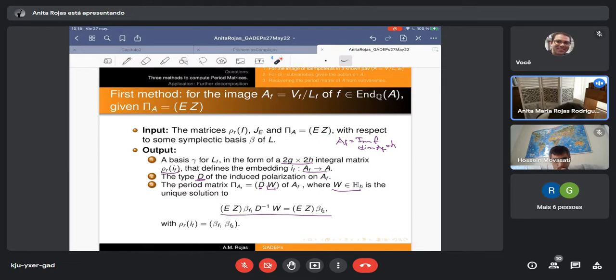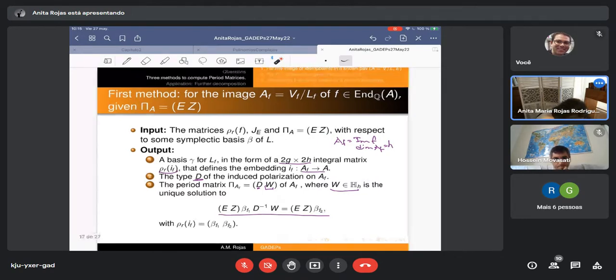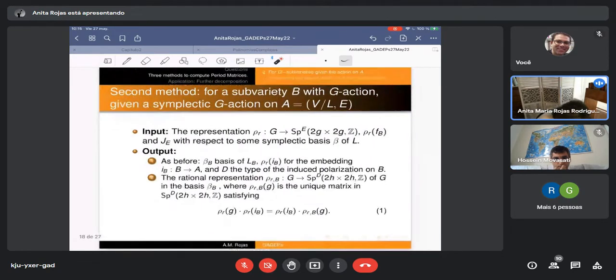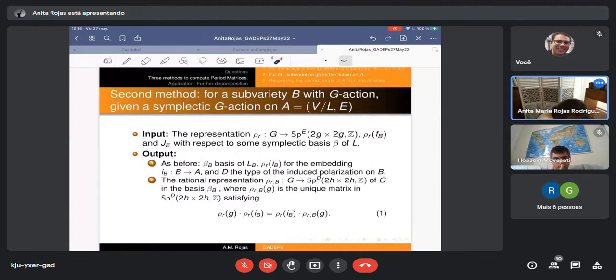But sometimes you don't have the period matrix of the ambient variety. So in that case, we have a second method, which is when the subvariety in question has G action. Okay, that is the case, for instance, when you have the isotypical decomposition.